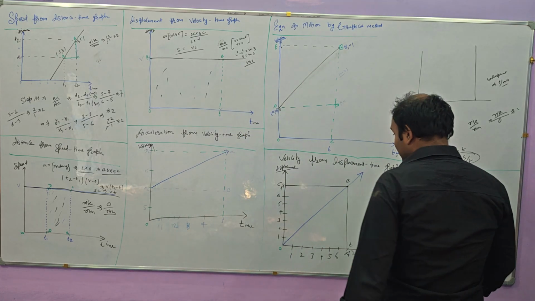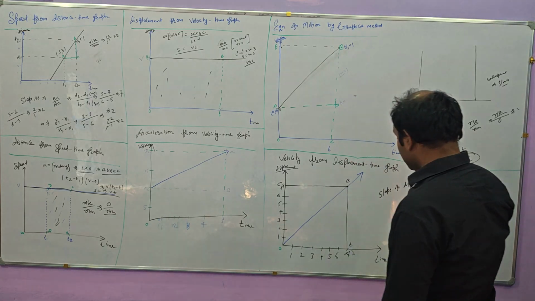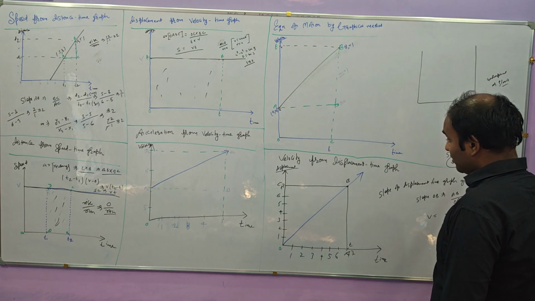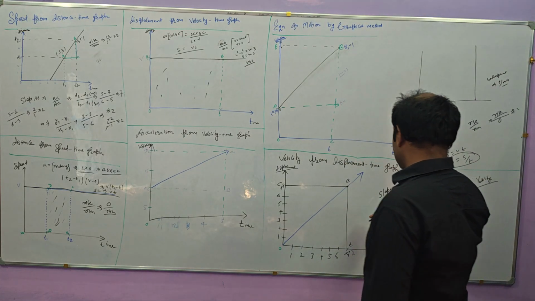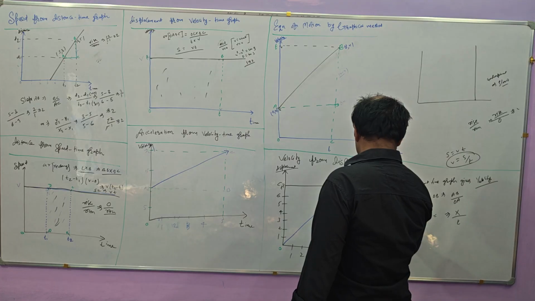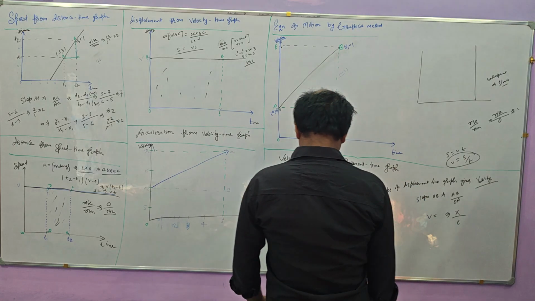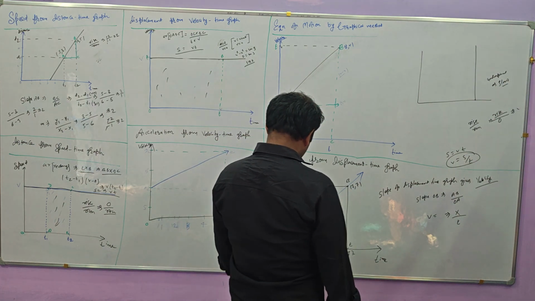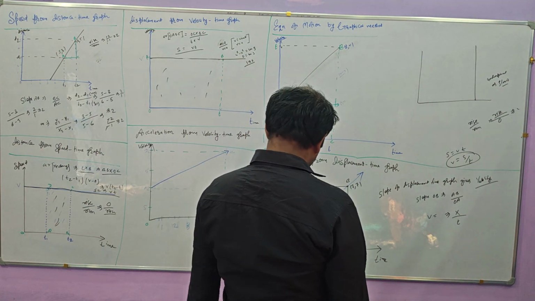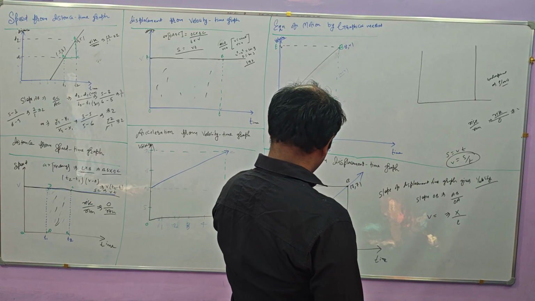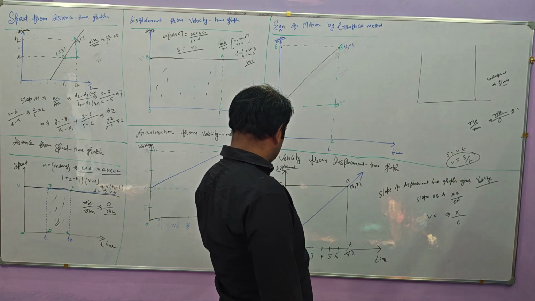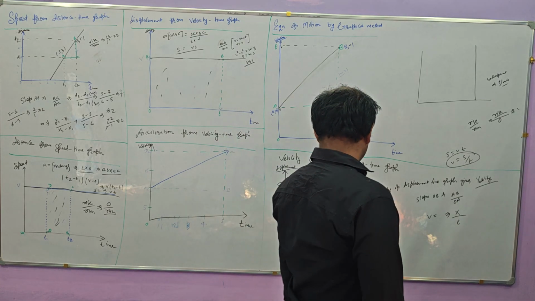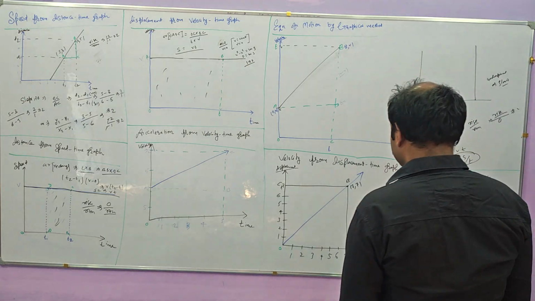And we have the coordinate 7, 7, and when we check from the origin, we have the coordinate 0, 0.